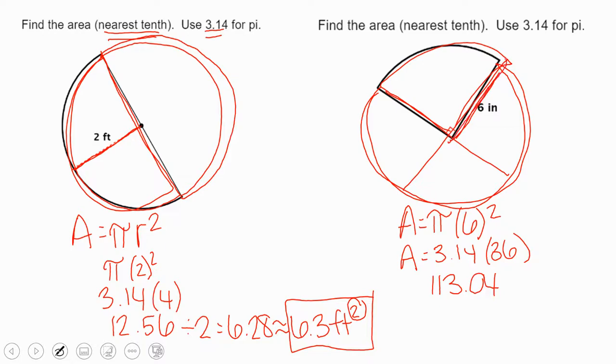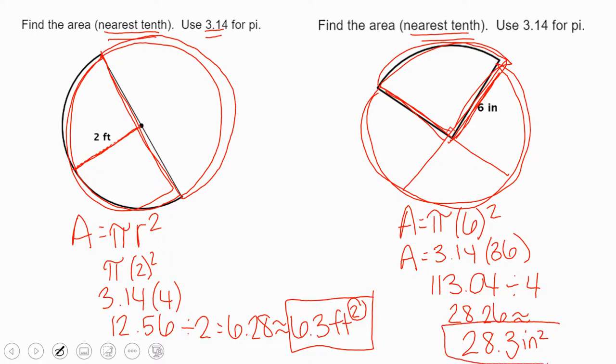Again, we only want a quarter of the circle, so we're going to divide that by 4, and that's going to give us 28 and 26/100. Rounding to the nearest tenth, that will round to 28 and 3/10. That is inches squared. Okay, so semicircle, make sure you divide by 2. Quarter circle, make sure you divide by 4.